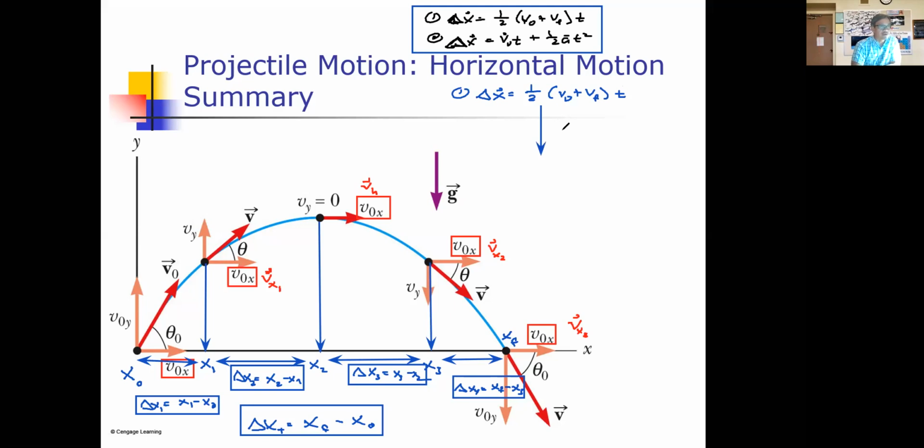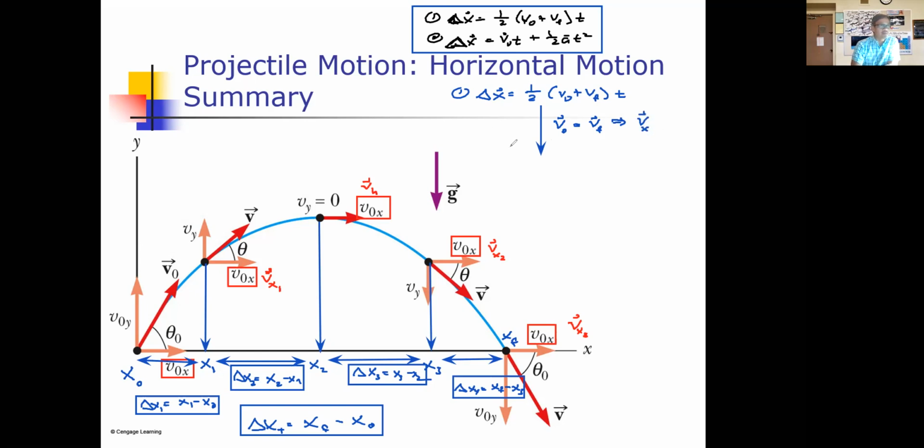So in this case, v initial and v final will be exactly the same. V initial and v final can be at any point here, but the velocities are all the same along the x, at any position. So that is going to be equal to v, the velocity along the x.